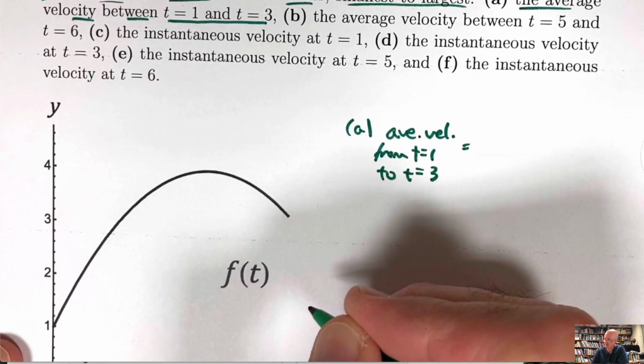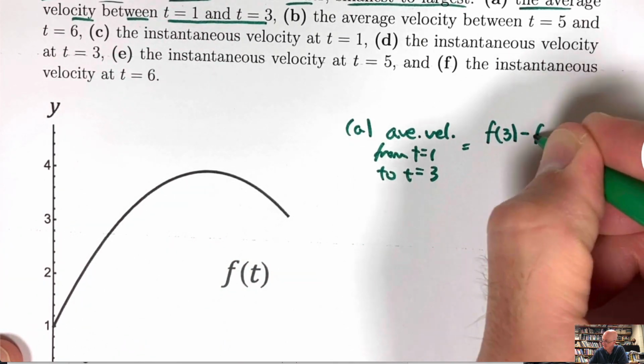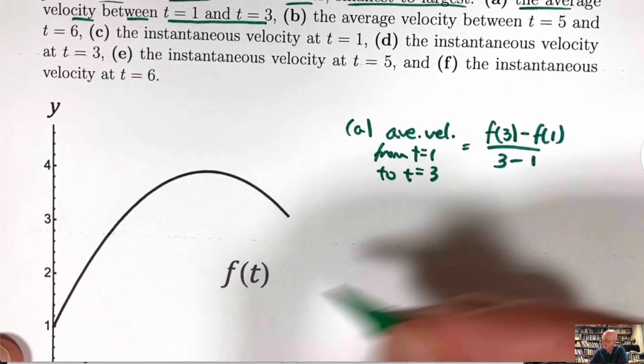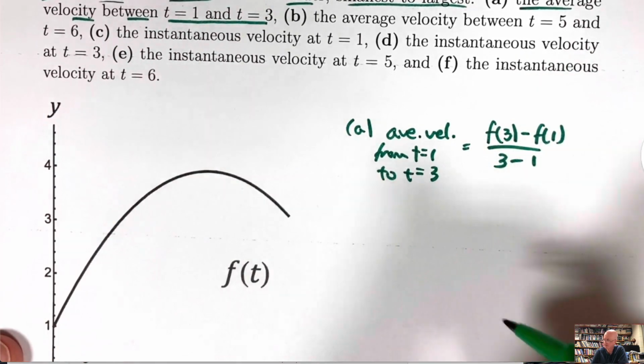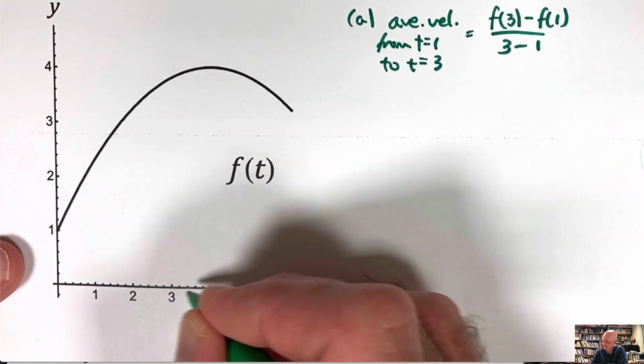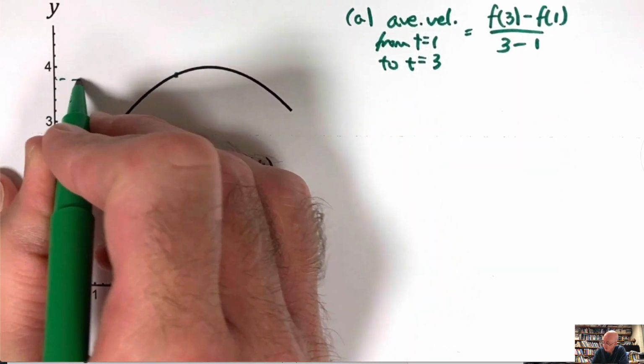With this function, you could write it as f of 3 minus f of 1 divided by 3 minus 1. F of t is a function. It's giving us the y value. F of 3 is the y value when time is 3. That is this number right around here, somewhere close to 4.